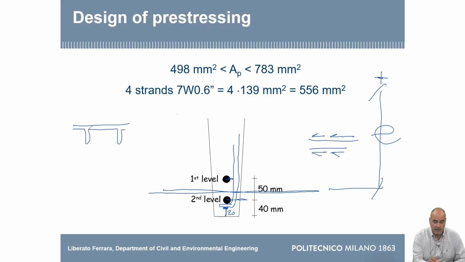This was our element, and we said that our centroid was at 128 from the top. It means 372 from the bottom. 372 minus 65 is 307. So that is where my initial estimate of 300 came from.